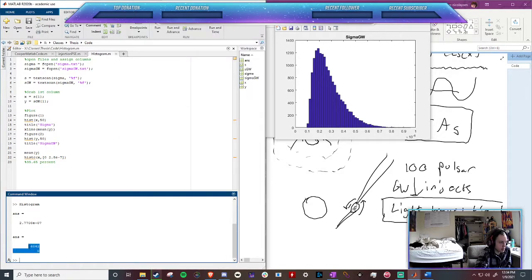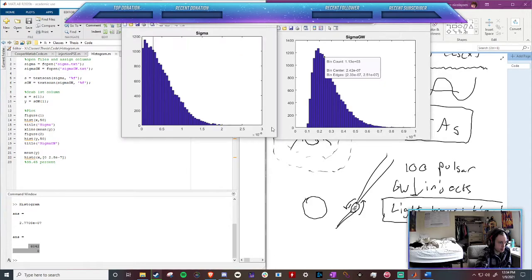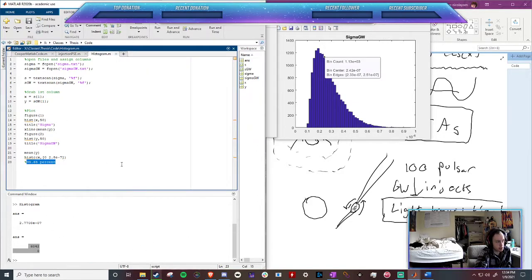Oh yes, this prints how many data points lie under this line, and we get around 6,042. And then if we divide this hist count by the total count, we get around 36%, 35.65%.